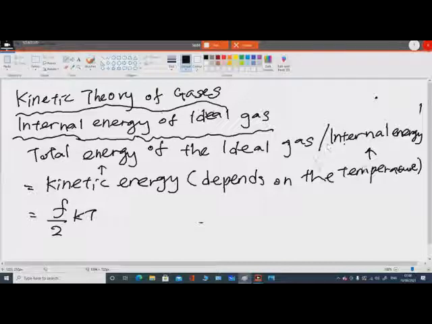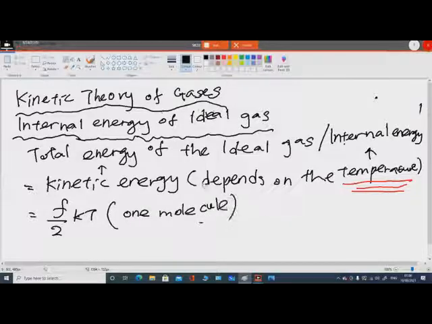So temperature is of utmost importance for us to determine the internal energy of the gases. This is the kinetic internal energy, and note that this is for only one molecule, of course. Let me just write it here.